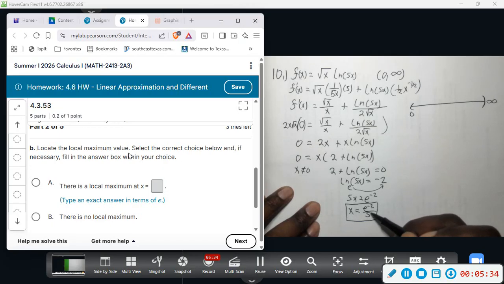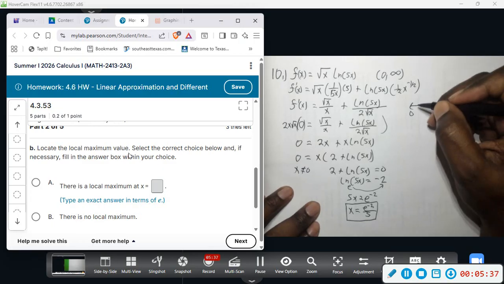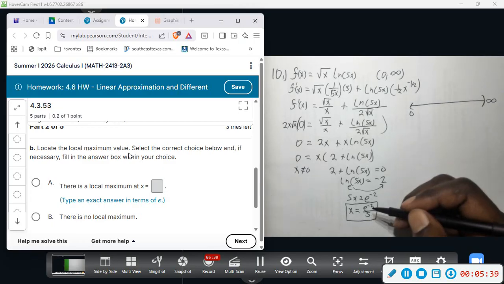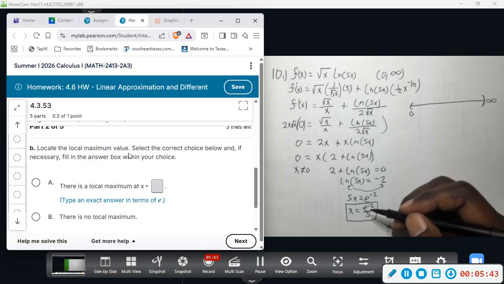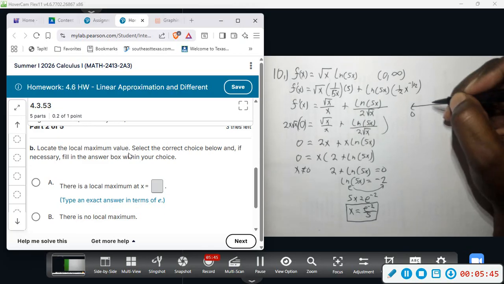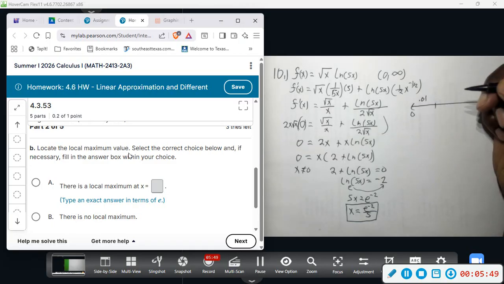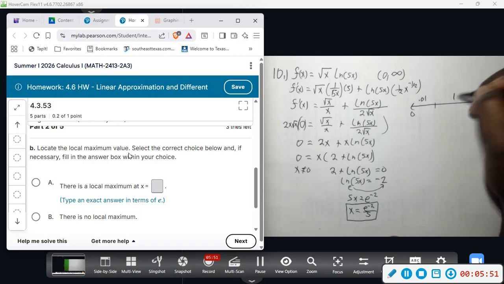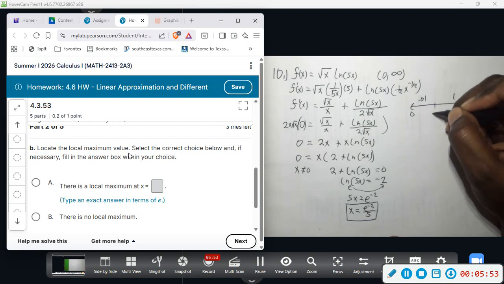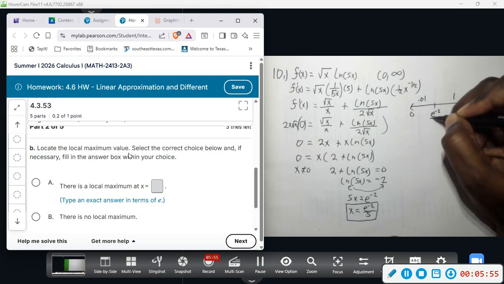So it's going to be a relatively small number. So let's test 1 over 45, which is about 0.02. If I look at 1 over 50, let's test 0.01. We'll use a calculator. And on the other side of that, we'll use the whole number 1. So this is e negative second divided by 5.